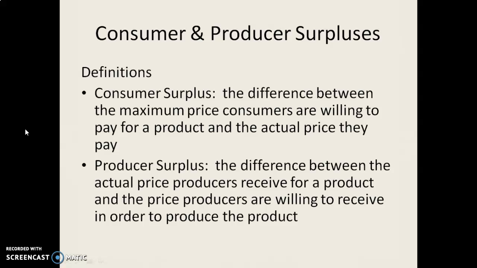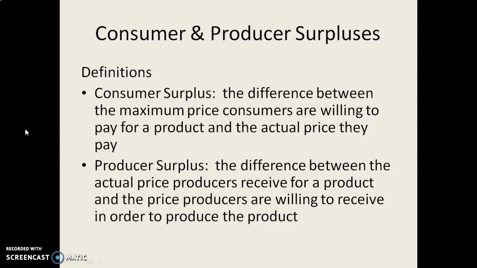Okay, in an ideal situation, there will be some consumers who are willing to pay more than what they actually have to pay. That is, they will pay more than what the equilibrium is, and that is the consumer surplus. We're doing good if we're getting the product for less than what we're willing to pay for that product.